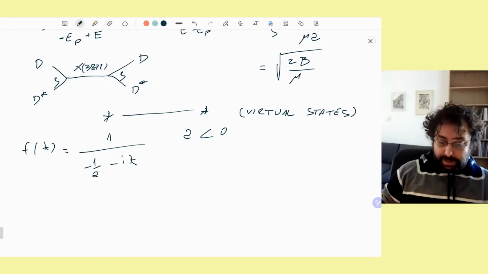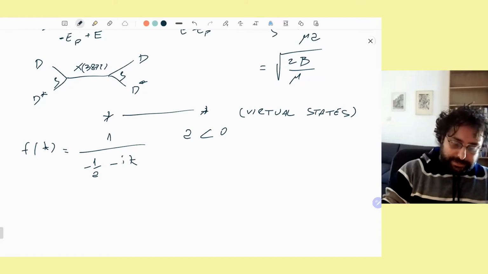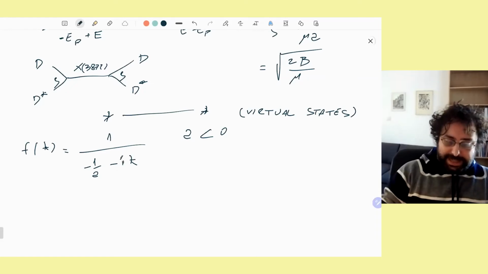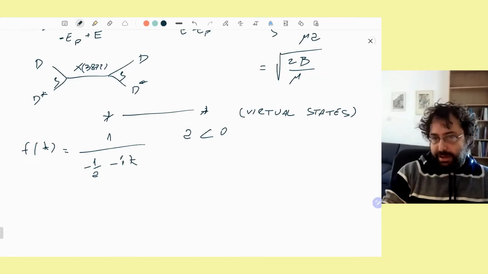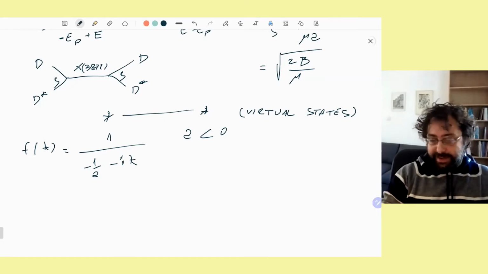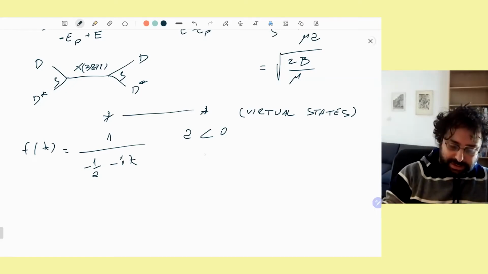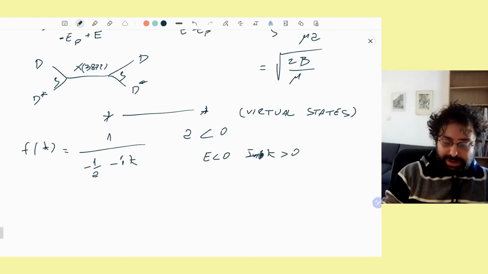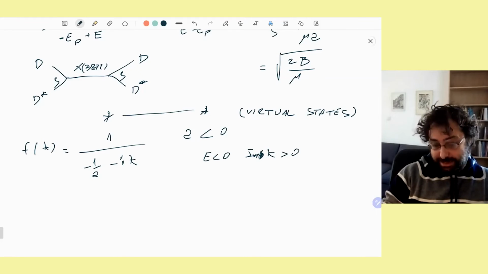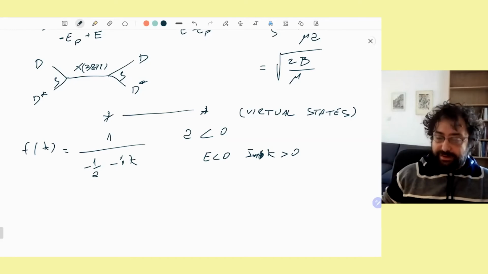You see that, strictly speaking, I don't have poles for negative energies, because if the energy is negative, then I have something like, let's say, a momentum with positive imaginary part. Okay. So now -1/A is positive because A is more than 0, so I don't have poles.